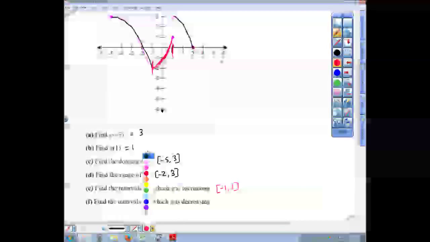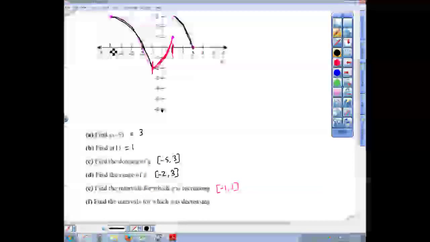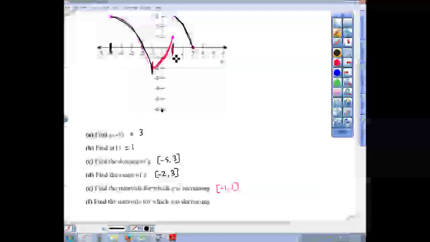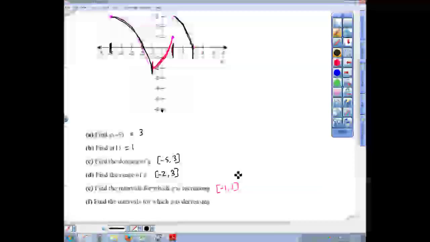And the other portions of the graph, this portion right here and this portion right here, between -5 and -1, and between +1 and +3, those are portions for which g is decreasing. So it's decreasing from -5 to -1, and from 1 to 3.